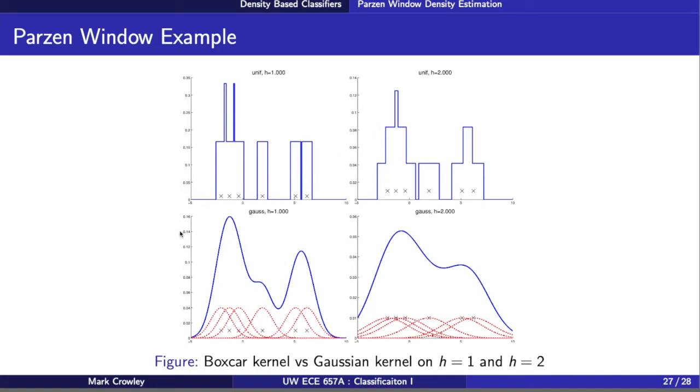Here we see a couple of different views of this, h equals 1 and h equals 2, and the kernels, you can use a uniform kernel or a Gaussian kernel. Essentially you're saying, for every data point, which class should it belong to?